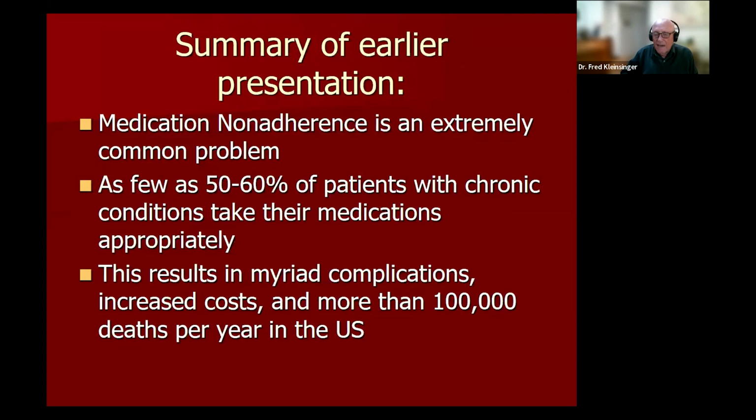Okay, now we're starting. So summarizing the earlier presentation in brief, medication non-adherence is an extremely common problem. I called it an orphan problem last time because nothing about this has changed much in the last few decades, and it still remains a major problem. And by medication non-adherence, I mean that multiple studies, including current ones, show that as few as 50 to 60% of patients with chronic conditions take their medications appropriately, the appropriate definition being more or less 80%.